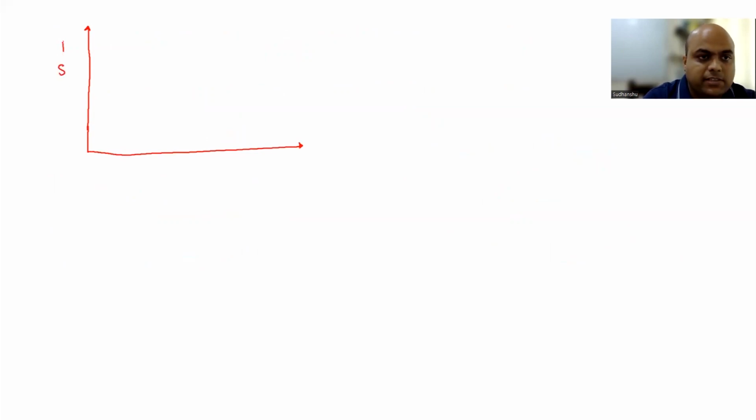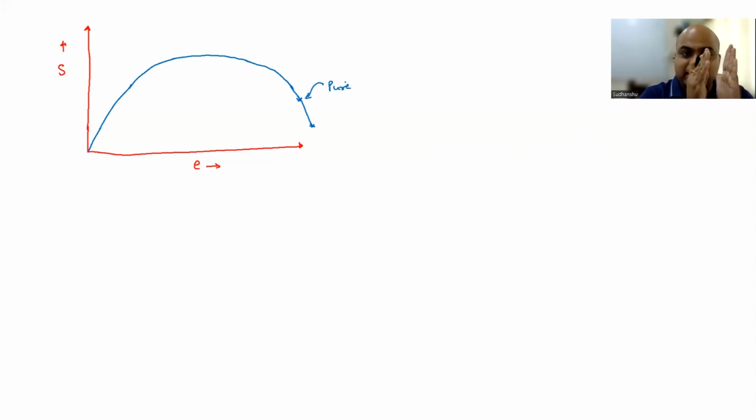So S is engineering stress, and E is engineering strain. We have two plots. This one is for pure metal. Again, not to scale. Typically, the elastic regime is much smaller than the plastic regime, but just for understanding, I'm drawing it like that. This is the case of pure metal.